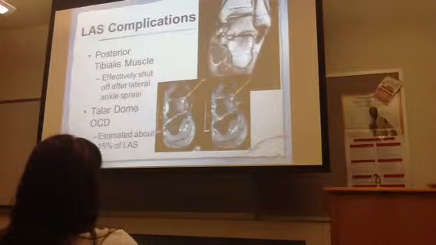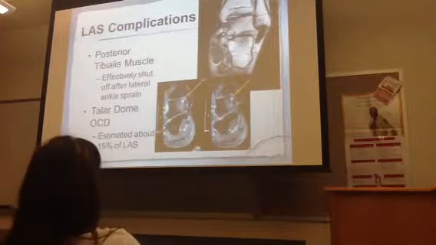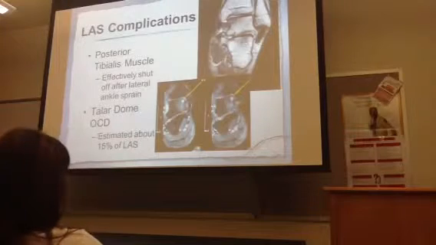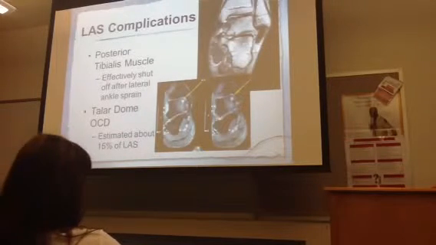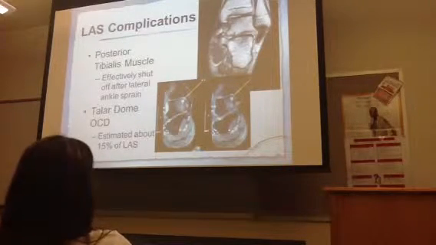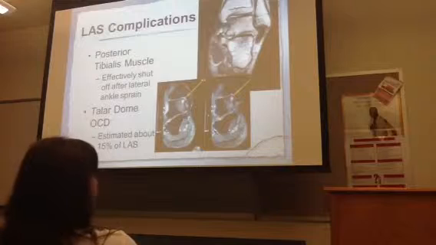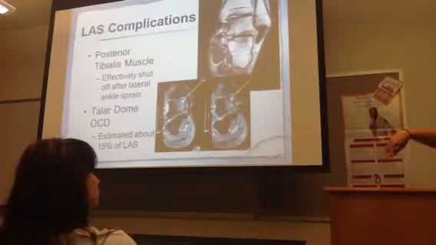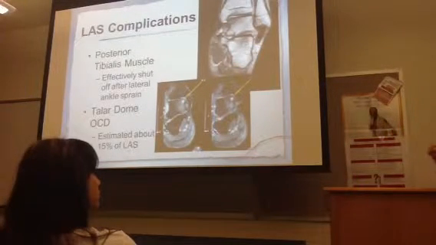Lateral ankle sprain complications: the posterior tibialis can be affected as well, and it can shut off after an ankle sprain. That posterior tibialis comes around and wraps around the ankle, and sometimes they'll even have a tendinitis to that as well.